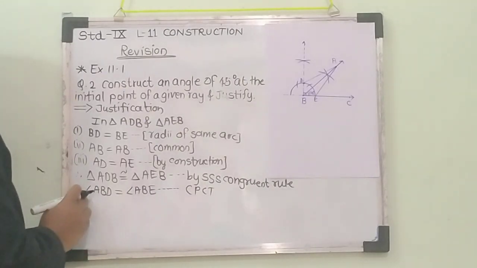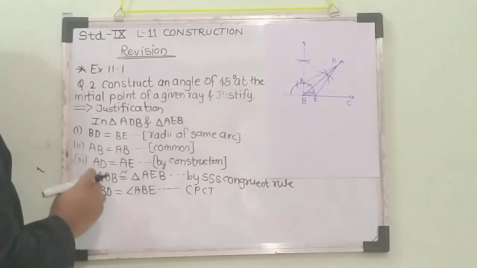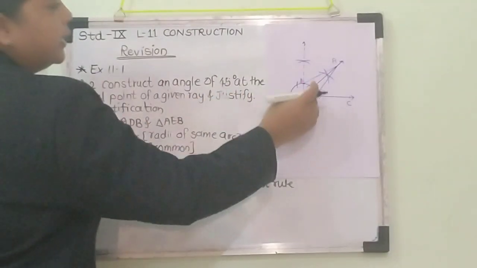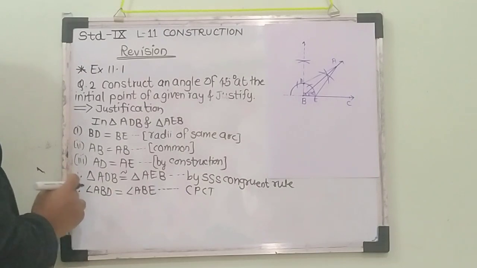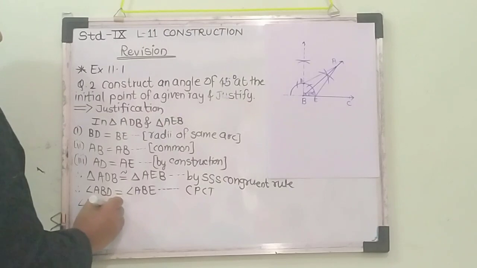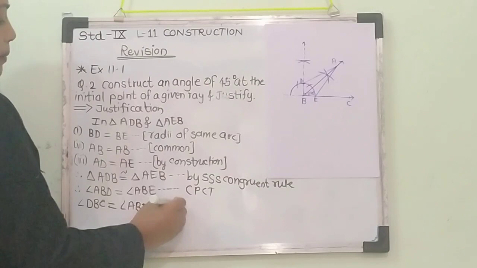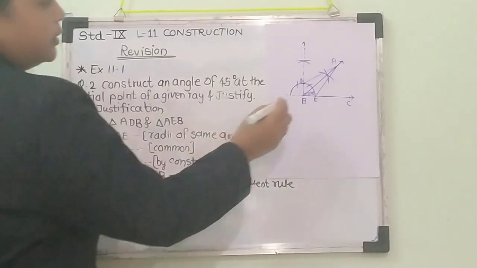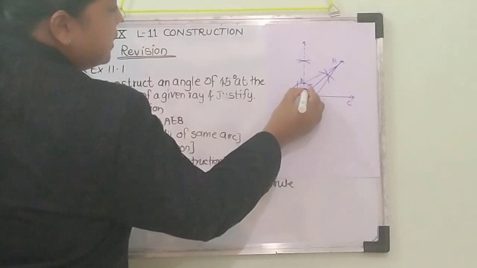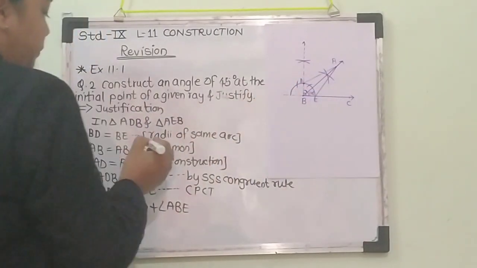So here we get angle ABD equals angle ABE. So first we know that angle DBC is 90 degrees. So we can write angle DBC equals angle ABD plus angle ABE. Here we get angle DBE is the sum of angle ABD and ABE.